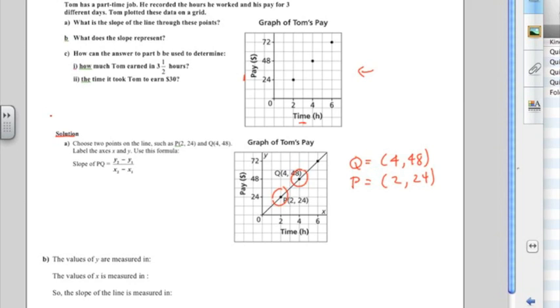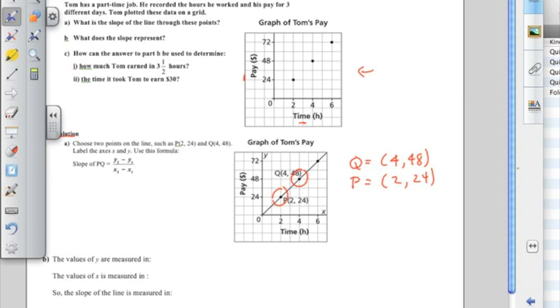Okay. So they've given us the formula here that the slope of PQ is going to be given by y2 subtract y1 over x2 subtract x1. So the next thing I'm going to do is identify Q as point 2, and I'm going to identify P as point 1.